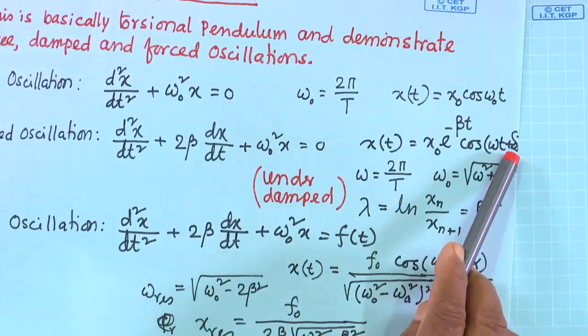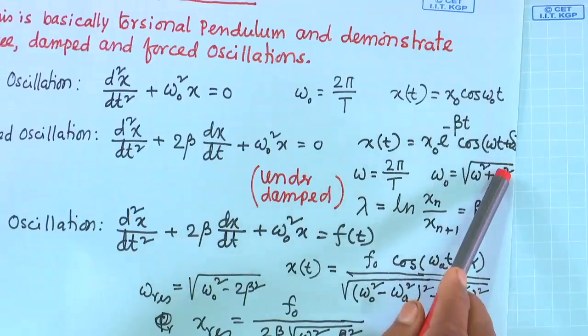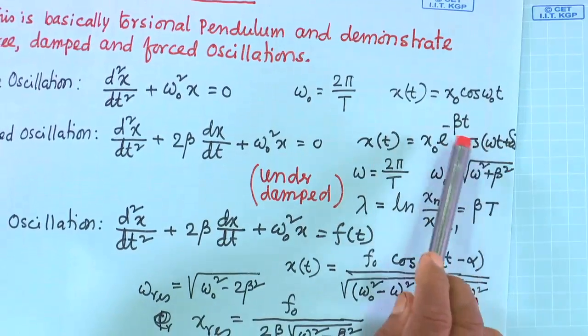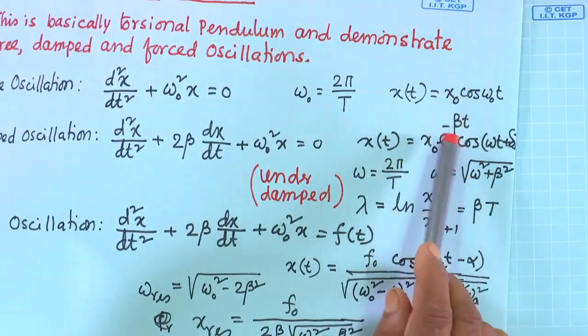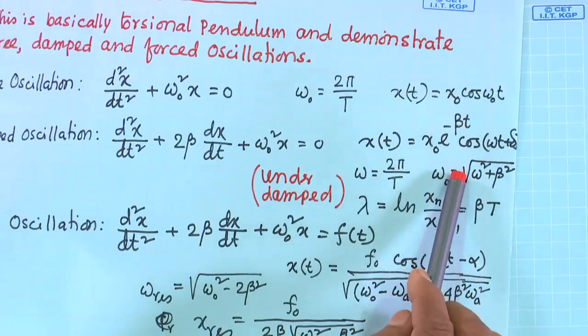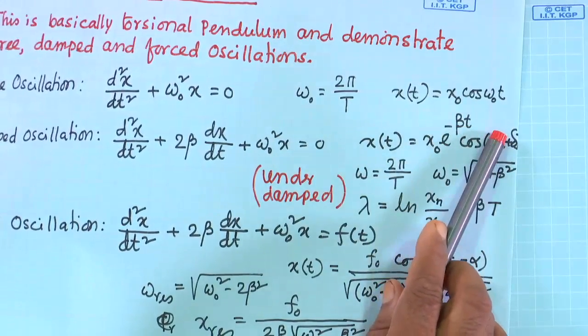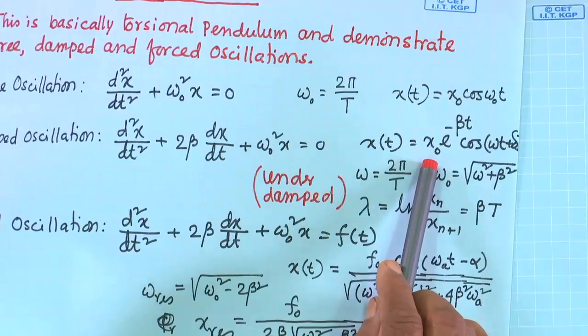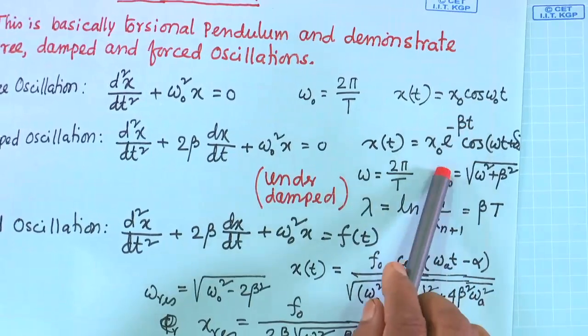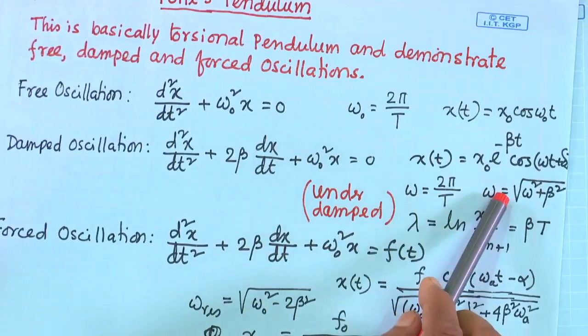Again this is a cos function, but now the amplitude is modified. The amplitude is x0 e to the power minus beta t, which means the amplitude will decay exponentially with time, right. So, that is the damped motion.